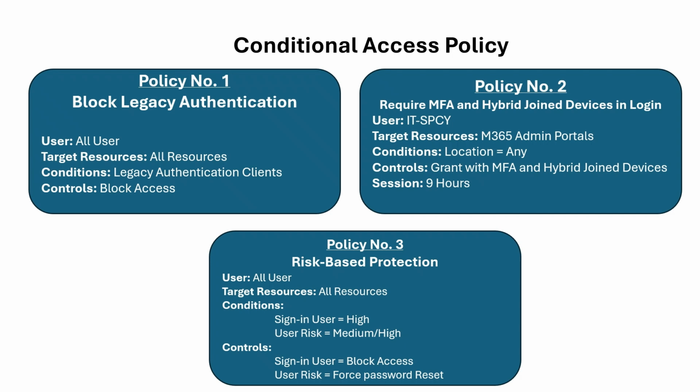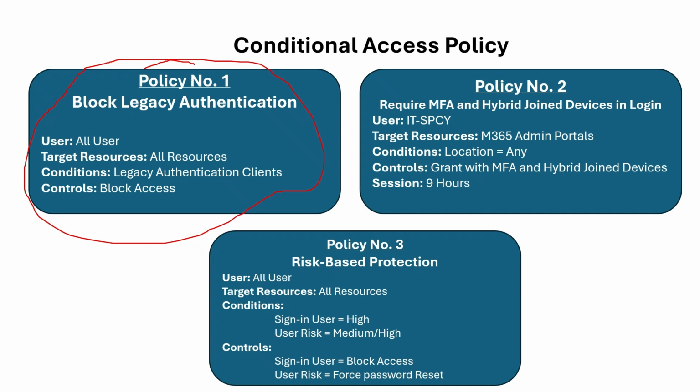Before we jump into the conditional access demo, let's quickly align on the policies we're going to implement and, more importantly, why they matter. So let's go first to policy number 1. This policy blocks all legacy authentication protocols. These are sign-in methods that don't support modern security like MFA.